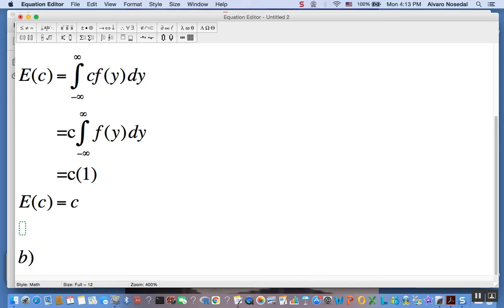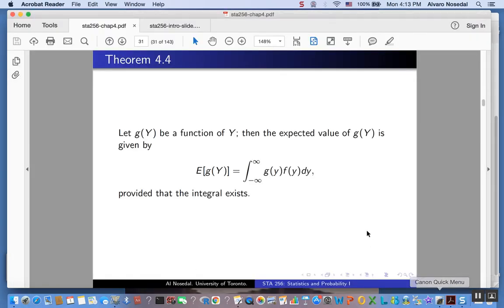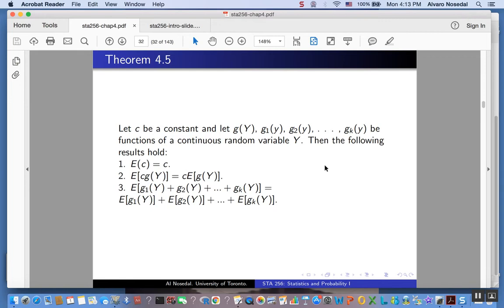Okay, part B. We want to show that the expected value of c times g of y equals c times expected value of g of y. Let's do it.